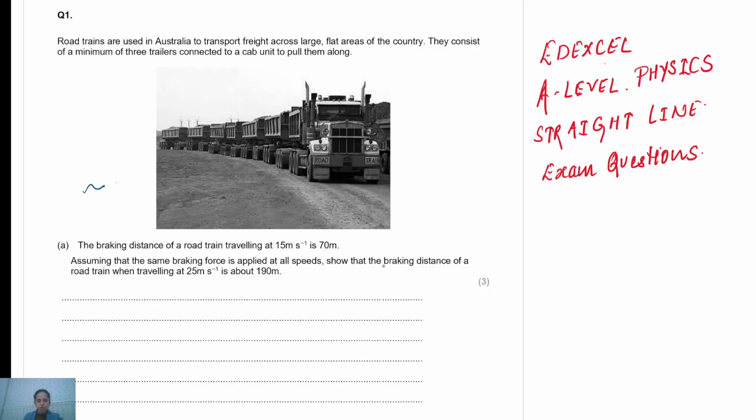When the starting speed is 15 meters per second, it stops in 70 meters, assuming that the same braking force is applied at all speeds. So if the braking force is the same, force produces acceleration, so assuming acceleration is constant. So here's our hint: we have to use SUVAT, so a is constant.